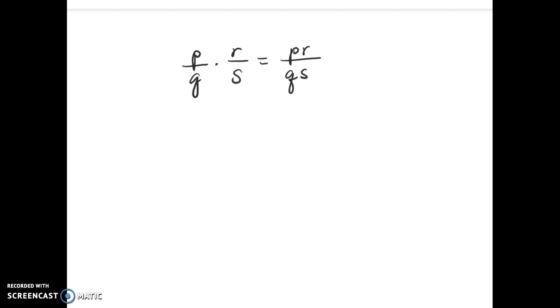So let me start with some basic fractions. When I'm multiplying fractions, all I need to do is multiply across the numerators. 2 times 7 would be 14.